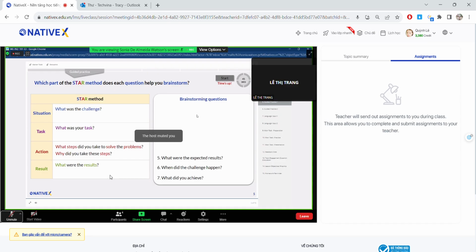Number five. What were the expected results? I think it is situation. It's not situation. For example, the same question is, what were the expected results? I can ask you, what results did your boss want from you when you do the task? Maybe it's results?